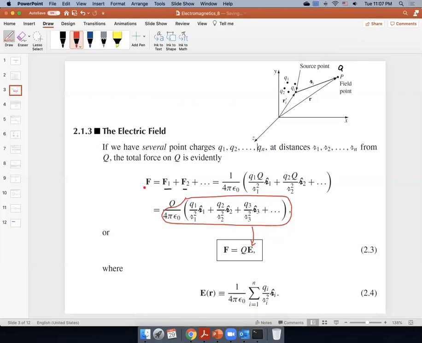Then the force can be written as F equals the test charge times the electric field, the electrostatic field E. And E, of course, equals 1 over 4 pi epsilon 0 times the sum of Qi over Ri squared in the Ri direction. So this is the electric field.